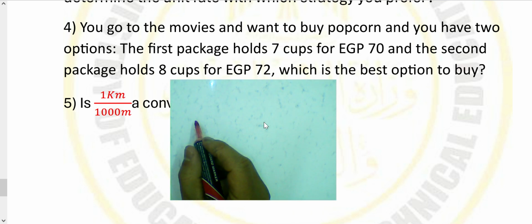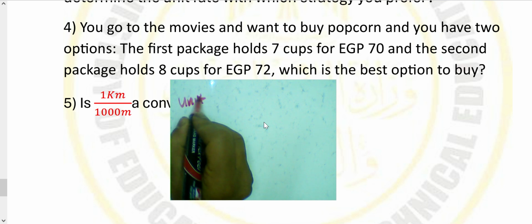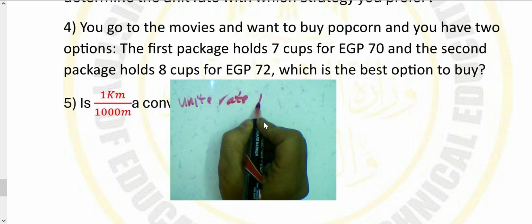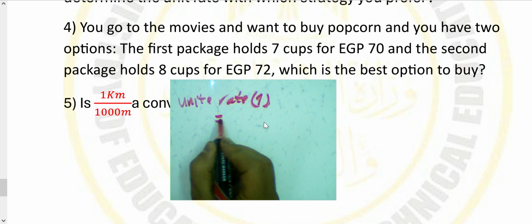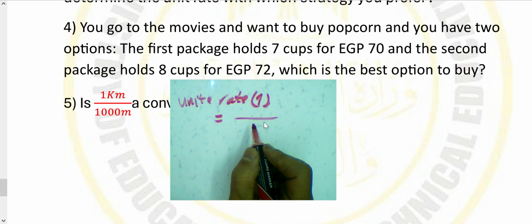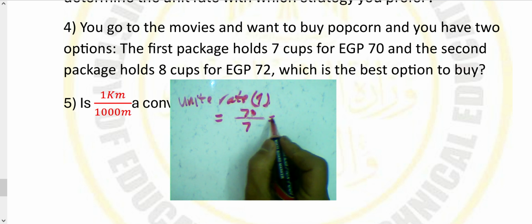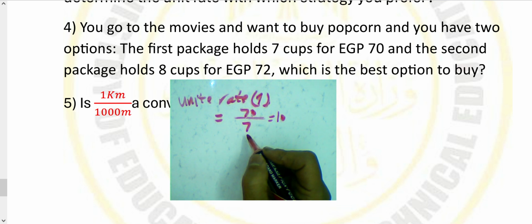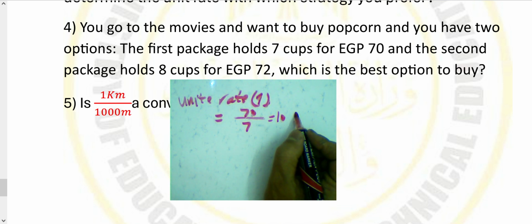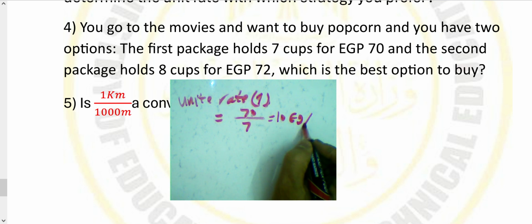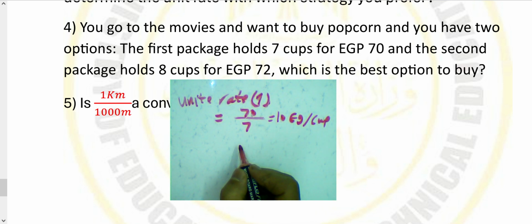We can find unit rate 1: the ratio between the money, 70 Egyptian lira per 7 cups. Then the price will be 10 Egyptian lira per 1 cup.